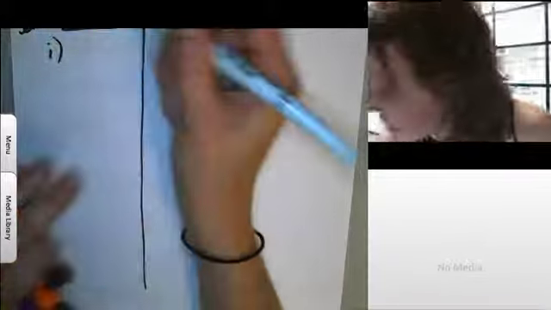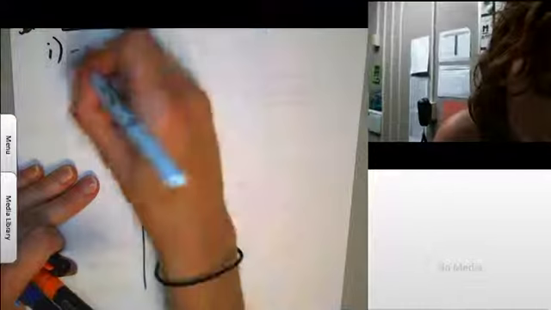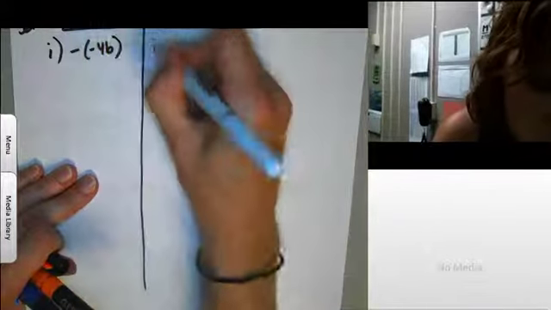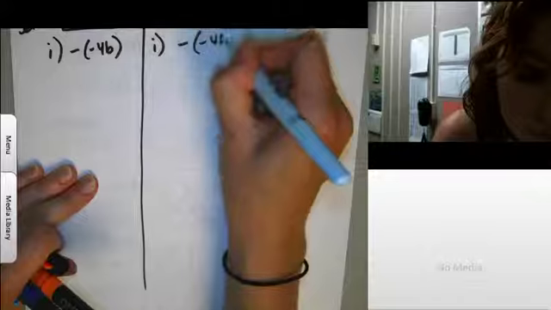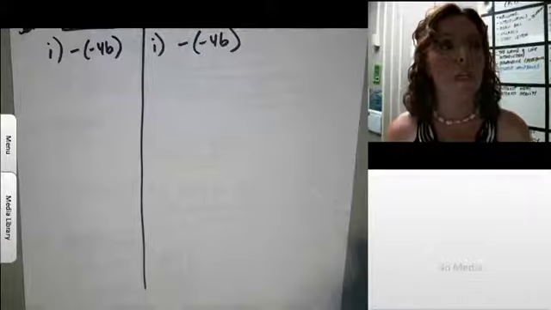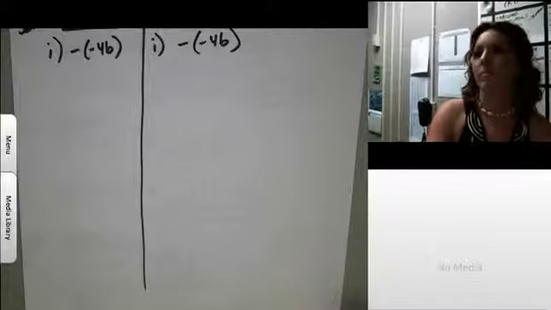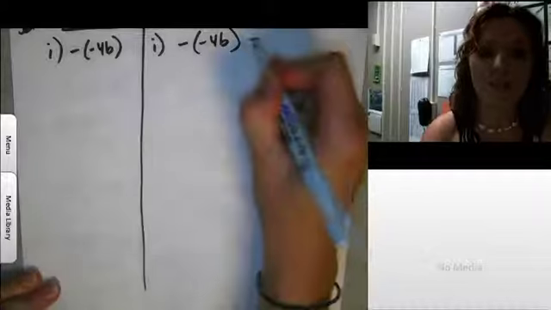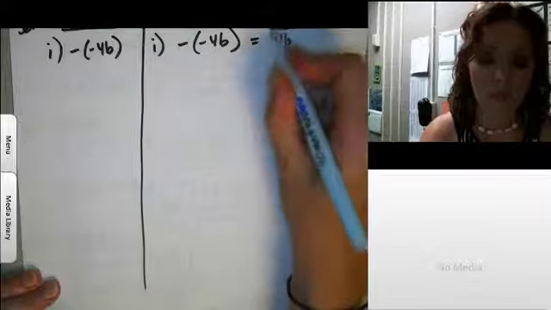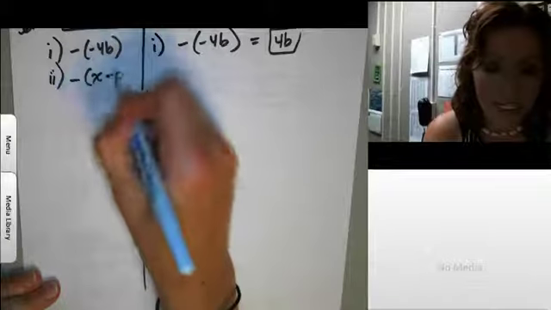All right, so we have negative 4b. Anybody remember what a negative times a negative is? So what does this come out to? Just positive 4b. Good. Okay, how about negative in parentheses x minus p?